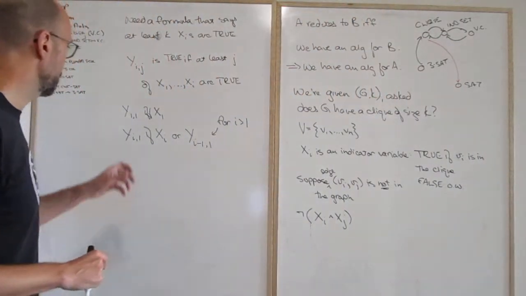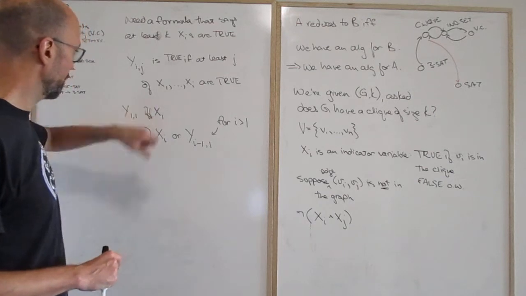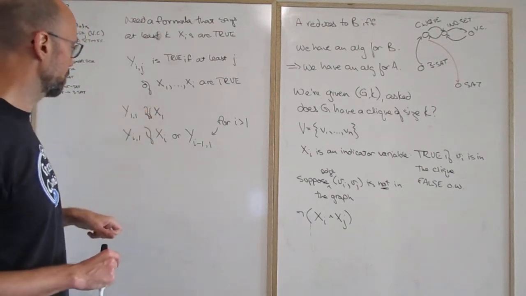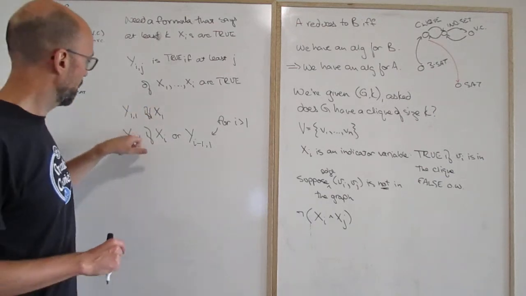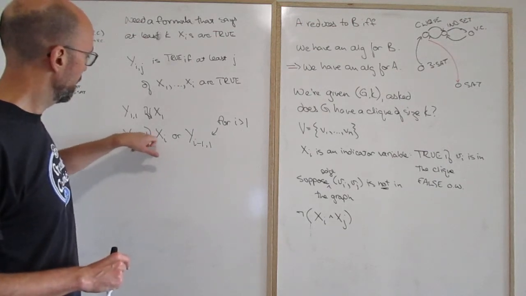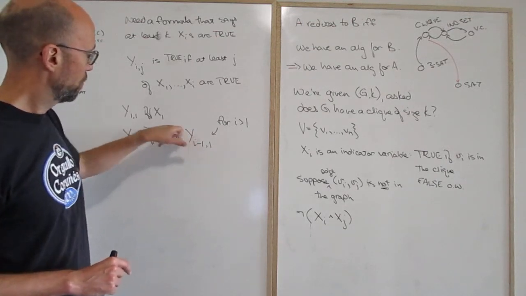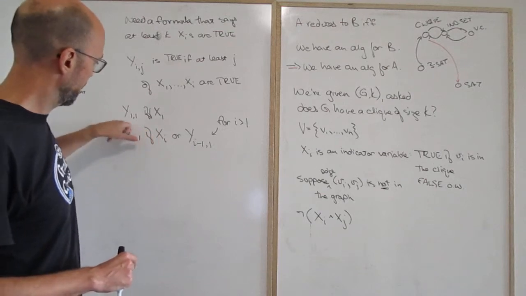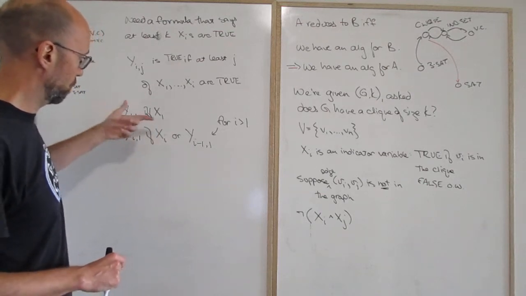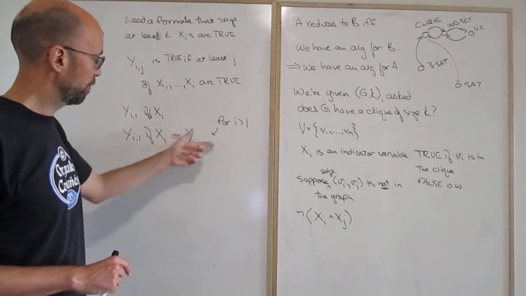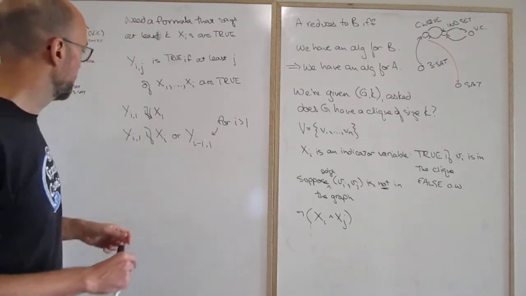Okay, so you say y11 is true if x1 is true. y1i, so if this is true, then I can get at least one thing true, or if I can get at least one thing true.